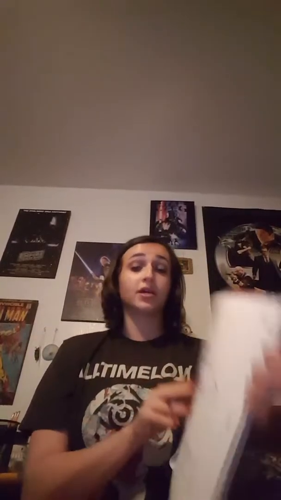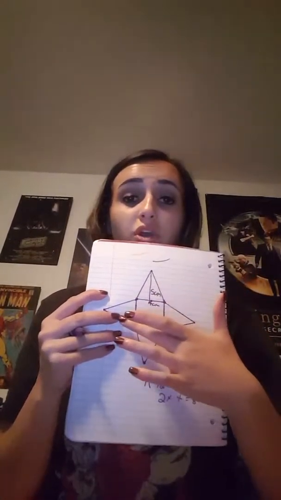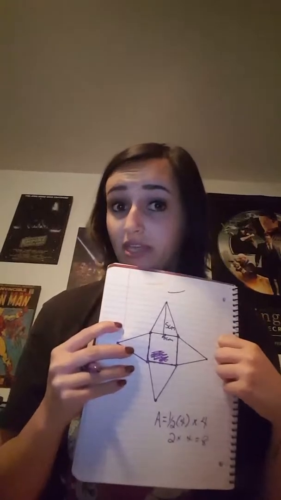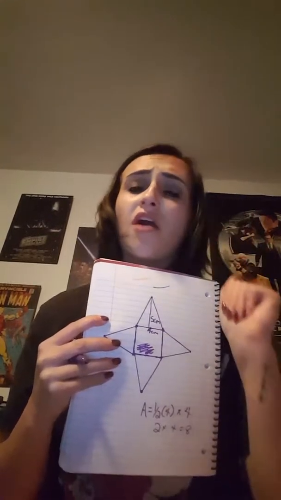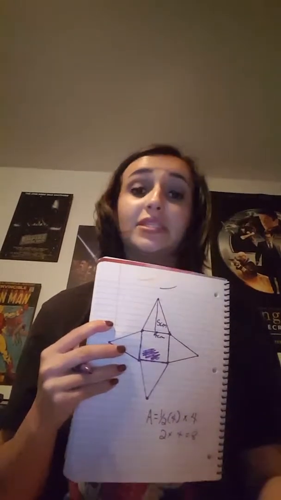Everybody see that? So 1/2 times 4 is 2 times 4 equals 8. But we're not done. Notice how we have 4 triangles of the same size, because if they weren't the same size, they could not fold up to make our triangular prism. So we do 8 times 4, 32.